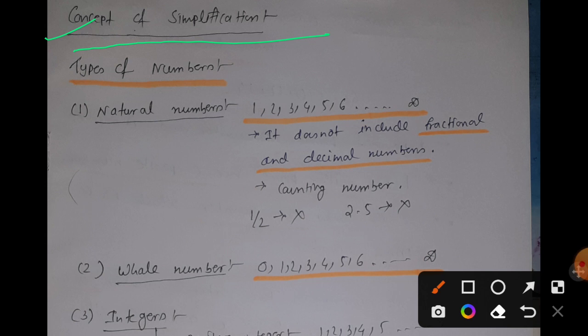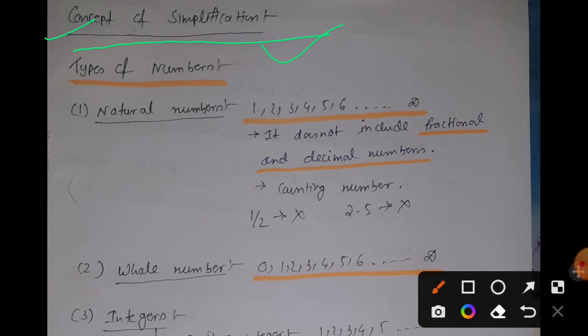That means here we will discuss different concepts of different topics that you need to know to do simplification within time, because we all know that the fact of simplification is nothing but how fast we can calculate, right?